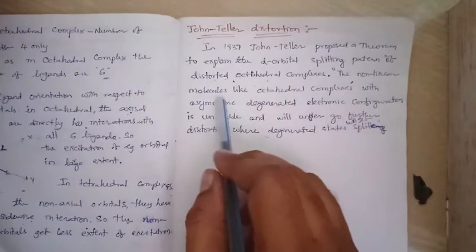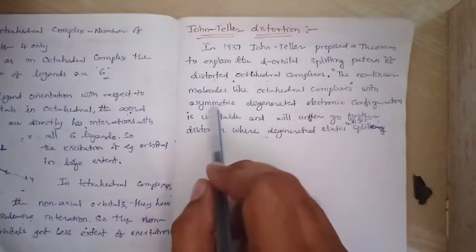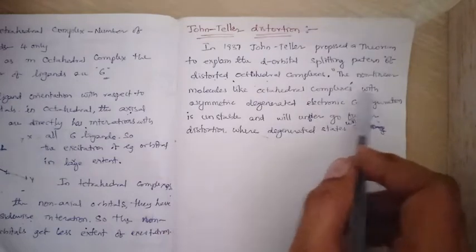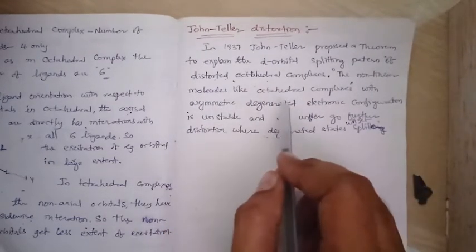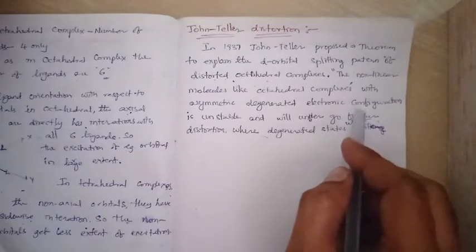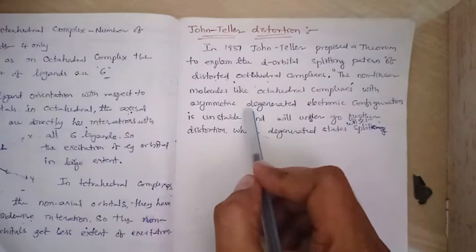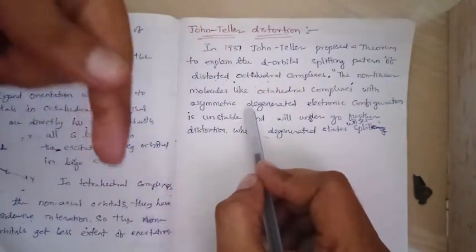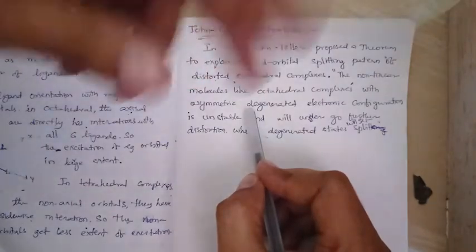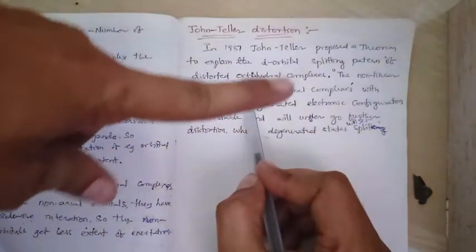The nonlinear molecules like octahedral complexes, when the metal has an asymmetric degenerate electronic configuration. Here you have to know what is meant by asymmetric. Before that, you have to know the exact meaning of symmetry. When we know the meaning of symmetry, you can reverse it for asymmetric, right?